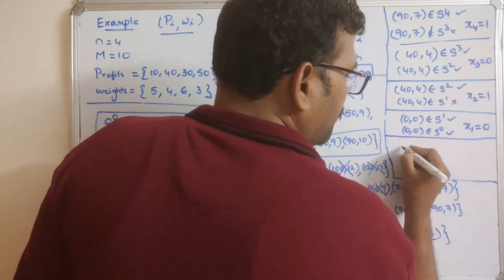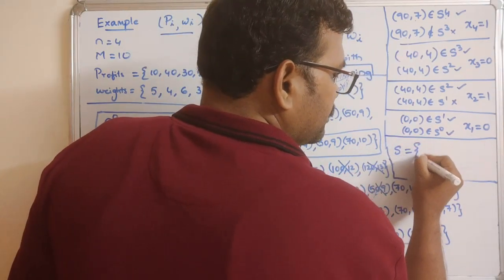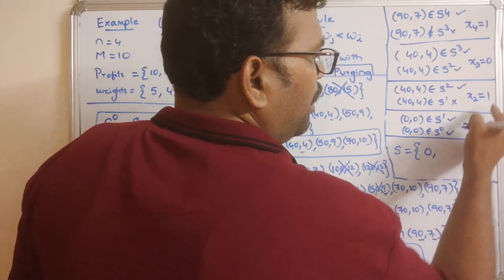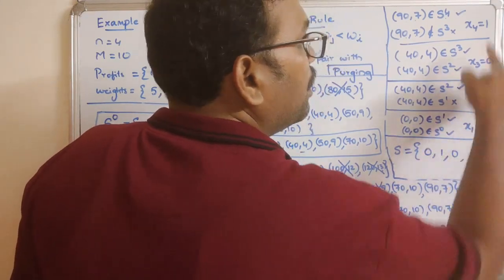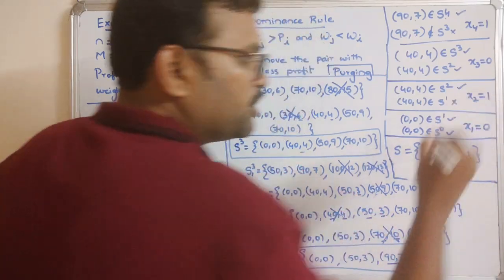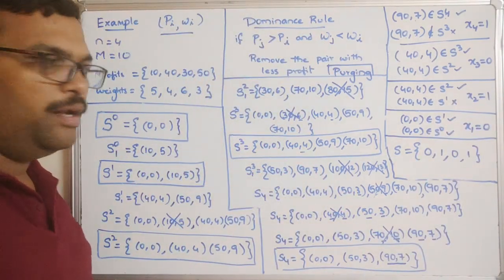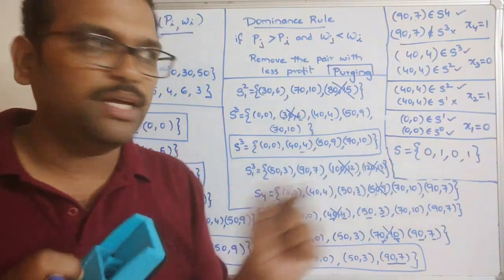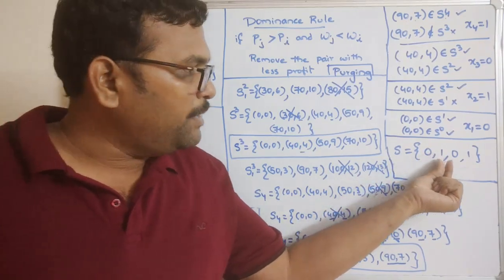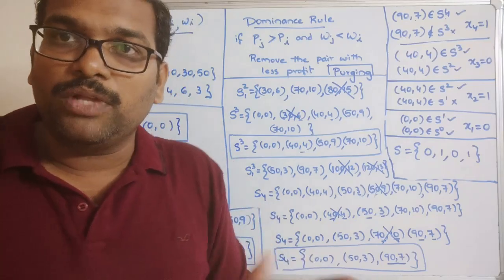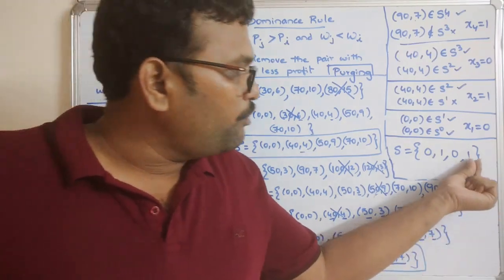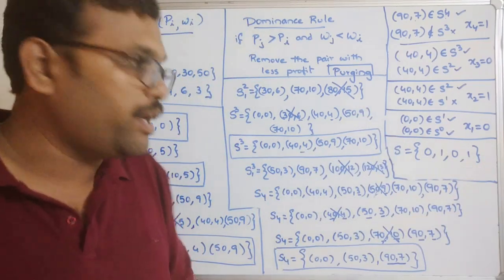So the solution is 0 comma 1 comma 0 comma 1. The solution will be either 0 or 1, right? 0 means we should not move the first weight. 1 means we have to move the second weight. 0 means we should not move the third weight. And 1 means we have to move the fourth weight.